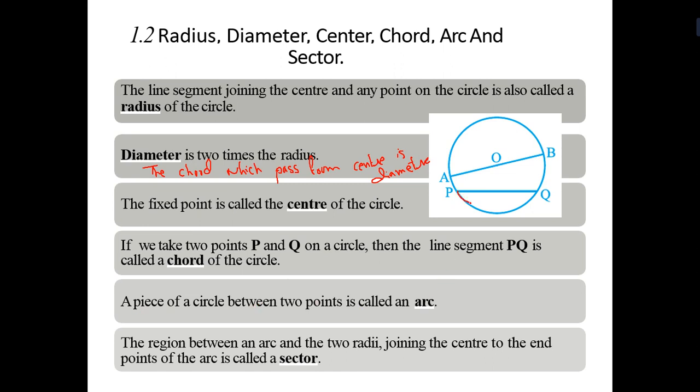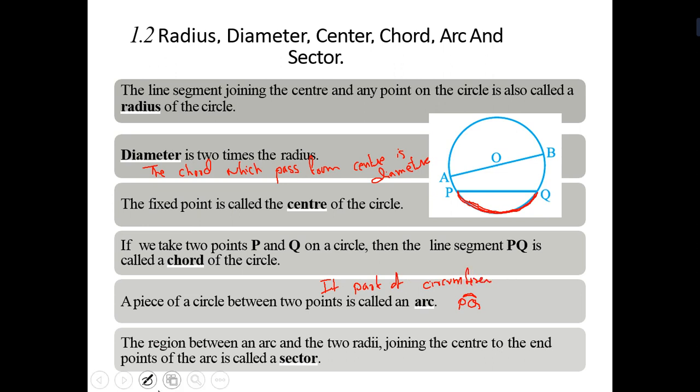Here we can say length. So the symbol of arc is like PQ and it is an arc. A piece of the circle, so circle, it's one type of piece only. So the circumference of the circle, part of it. Arc is a part of the circumference.